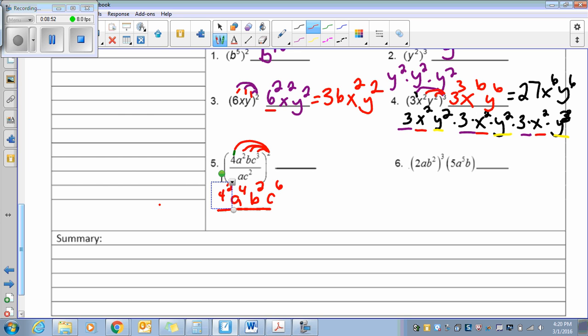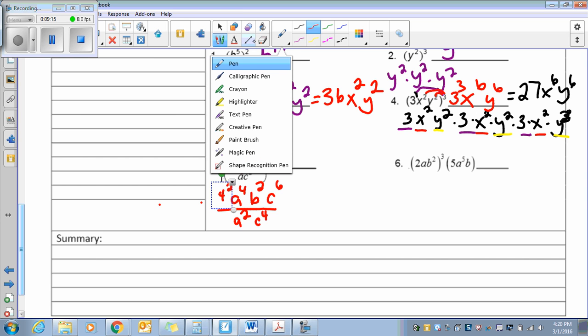That was only our numerator. We now have our denominator. So we have a, again, that's a power of 1, so 1 times 2, it's just a squared. And then c squared to the 2nd power, which is going to give us c to the 4th power. Because this is a 4, we can actually square it.